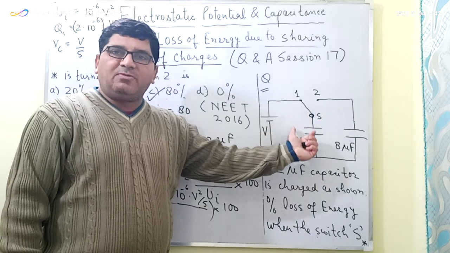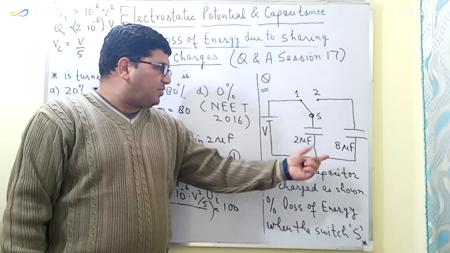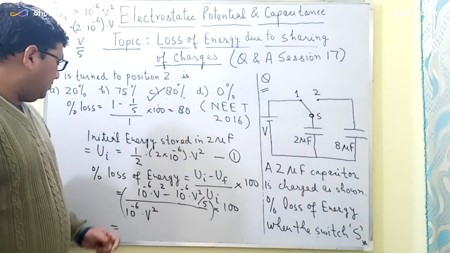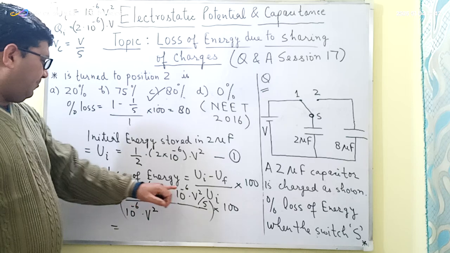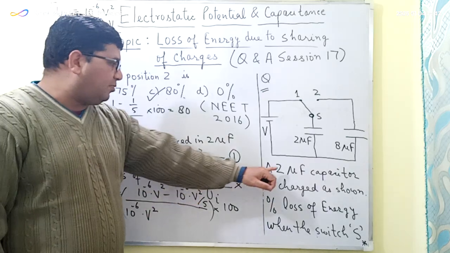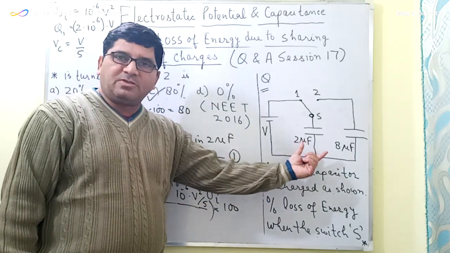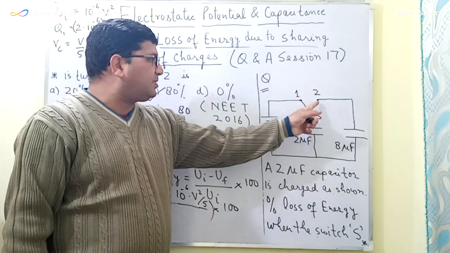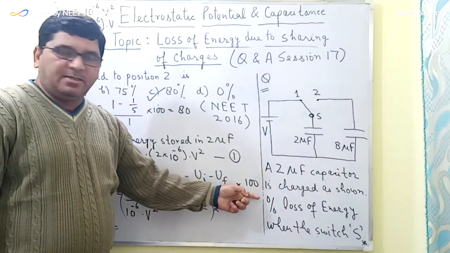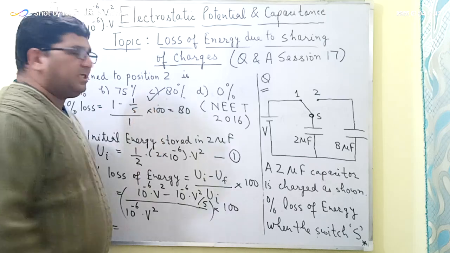So after finding the equivalent capacitance and the common potential, we were able to find the final energy which was stored among this combination of capacitors. And by using the formula, the loss of energy is equal to the initial energy stored in the 2 microfarad capacitor minus the final energy stored among this combination of capacitors when the switch S was turned towards point number 2, divided by Ui into 100. So the value of this is equal to 80%. So the correct option here is C.